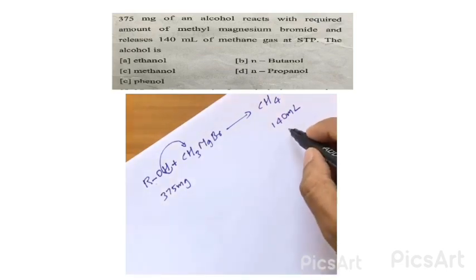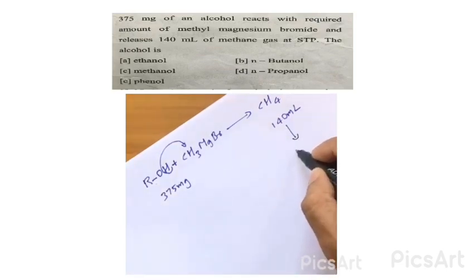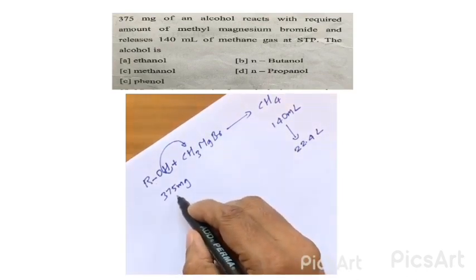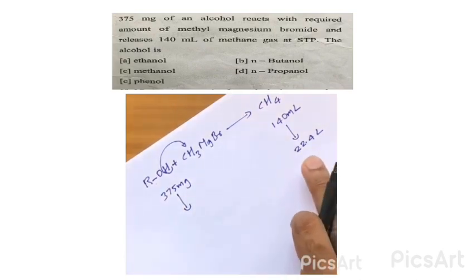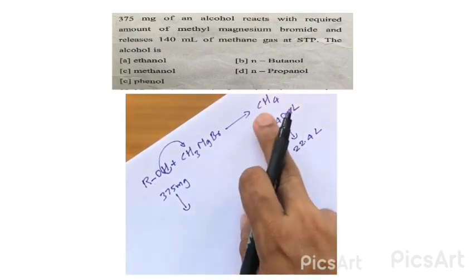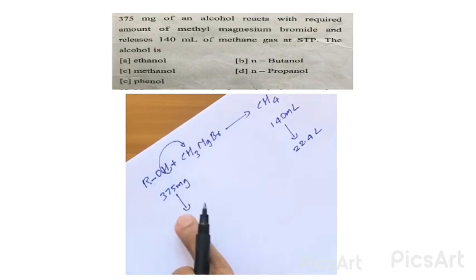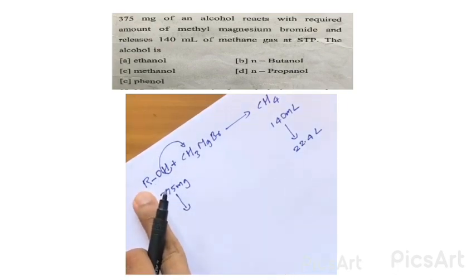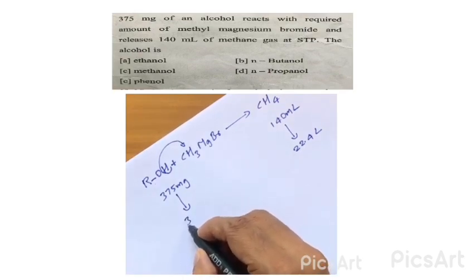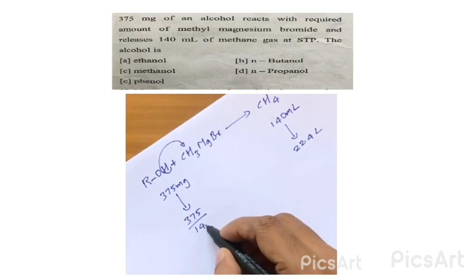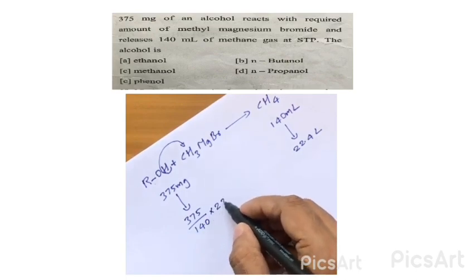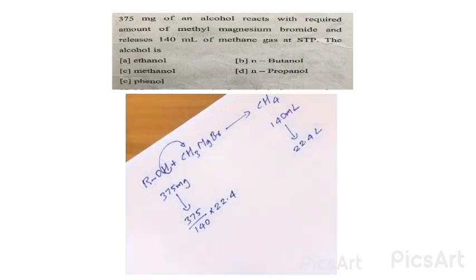So if we convert this value to 22.4 liter, it is the molar volume of CH4, so the mass will convert to the molar mass of alcohol. For that we have to calculate 375 by 140 into 22.4.